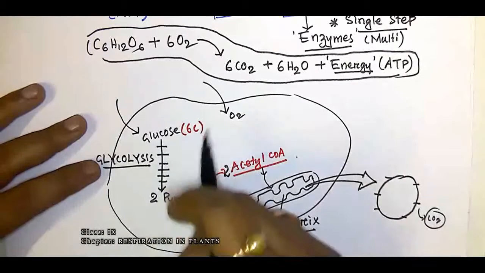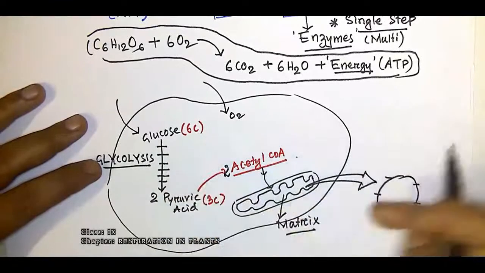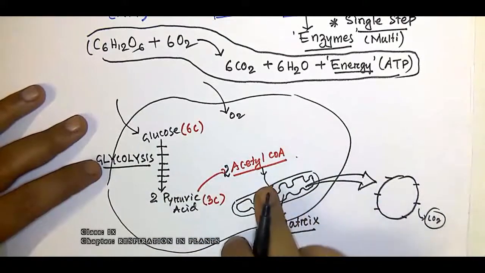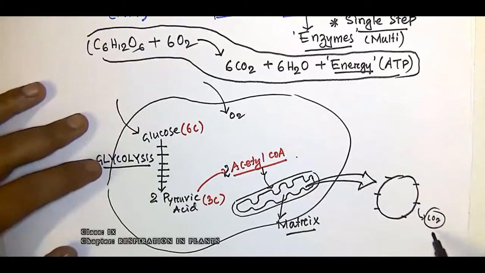If you look into glycolysis, there is no evolution of carbon dioxide. Yes, there is evolution of carbon dioxide over here, but the release of carbon dioxide mainly takes place from where? The mitochondria.